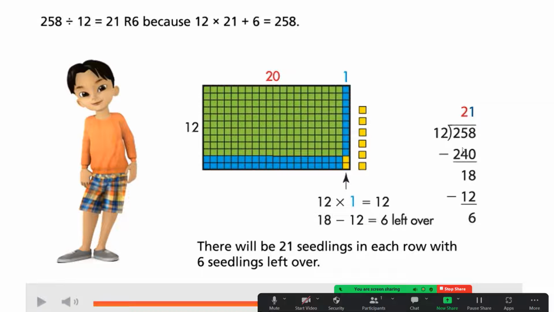They subtracted that off, and they were left with 18. Now there's only one group of 12 in 18. So they put the 1 up here, subtracted off the 12, and they're left with 6 extra. So that remainder is 6. 6 is not going to fit evenly into this particular area.